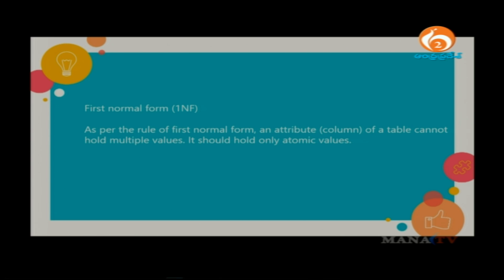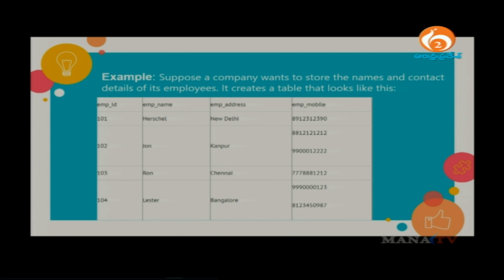For example, let me show you data which is unstructured. Will you be able to see that? Suppose a company wants to store the contact numbers of employees, and they have created a table like this. See that employee number is 101, name so and so, address so and so.